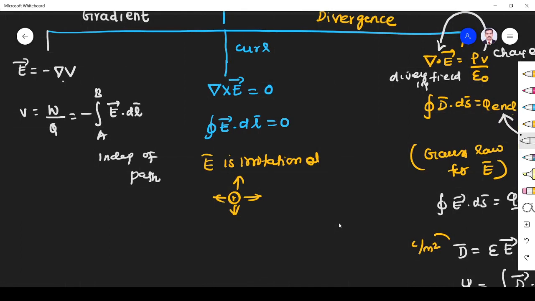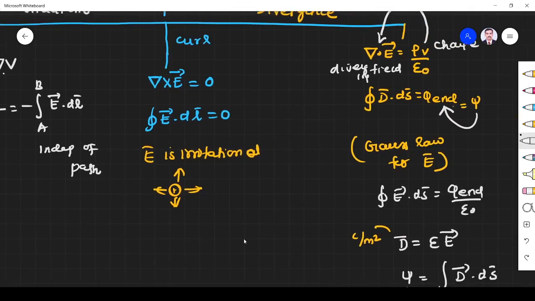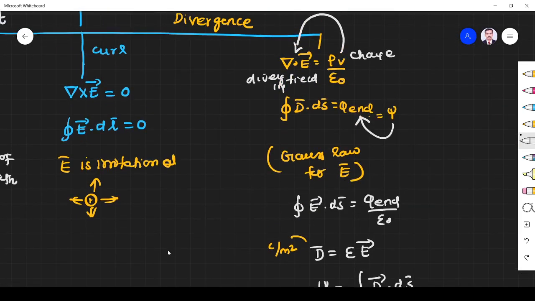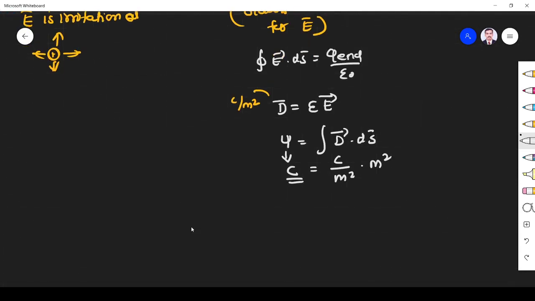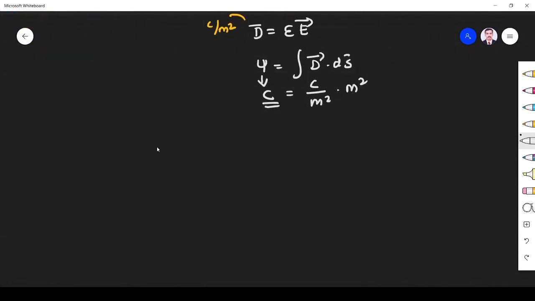Okay. So next thing we must know is, we studied electric field. What are the different kinds of electric field we are studying in this subject? E due to point charge is given by E is equal to Q by 4 pi epsilon naught R squared R cap.